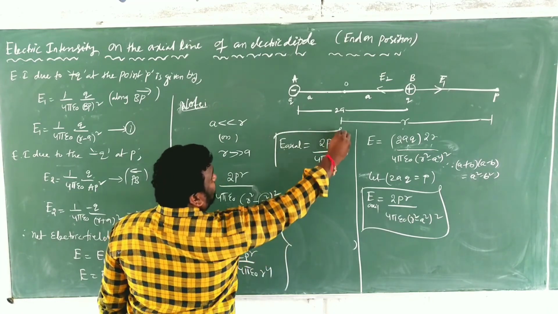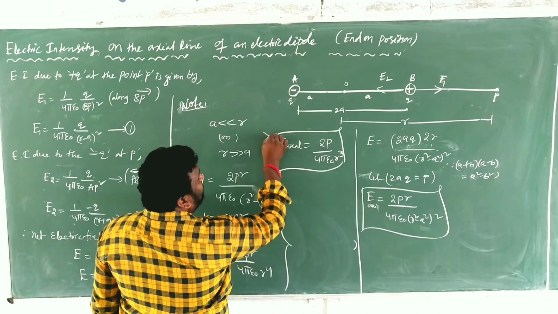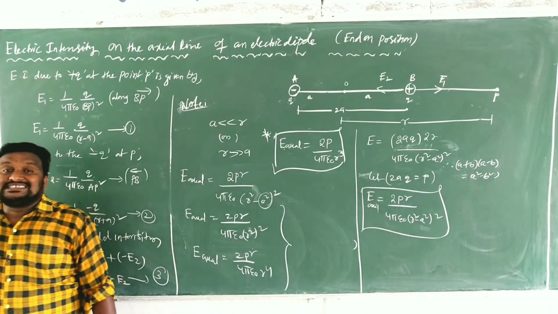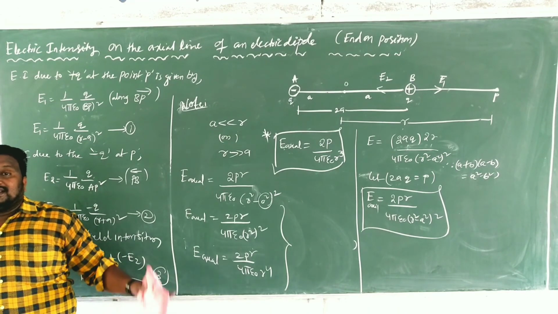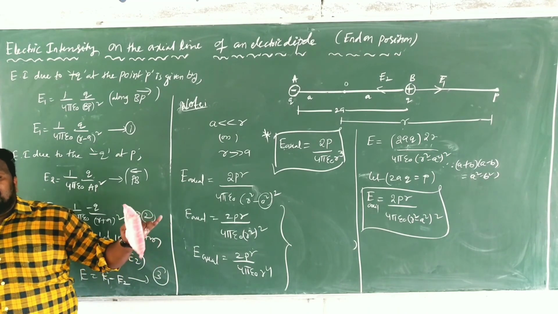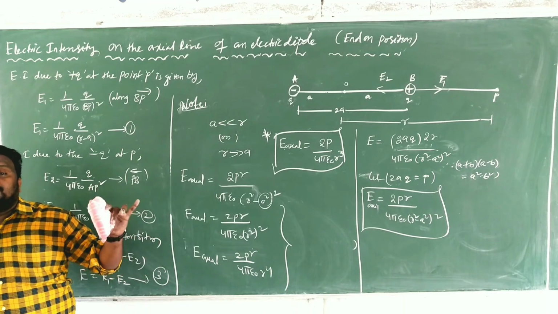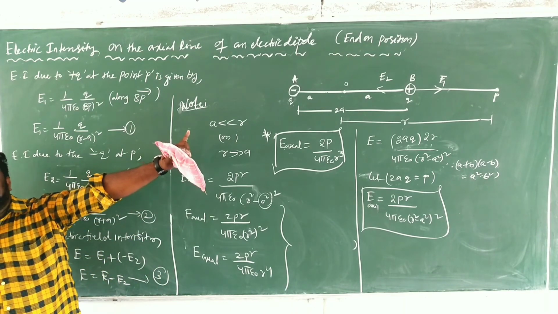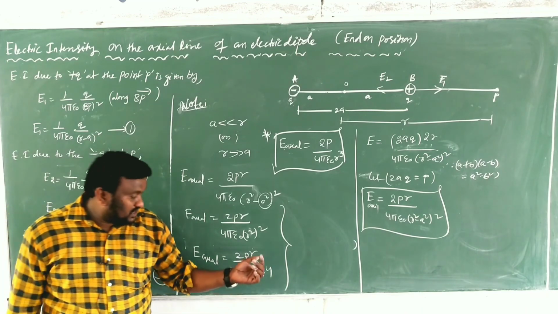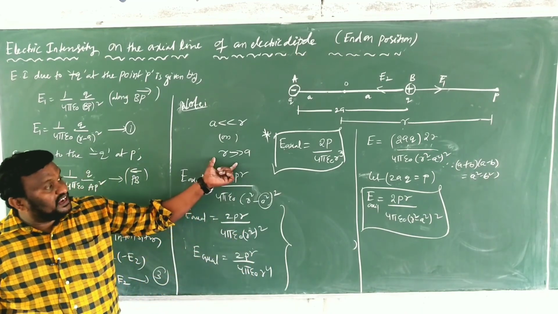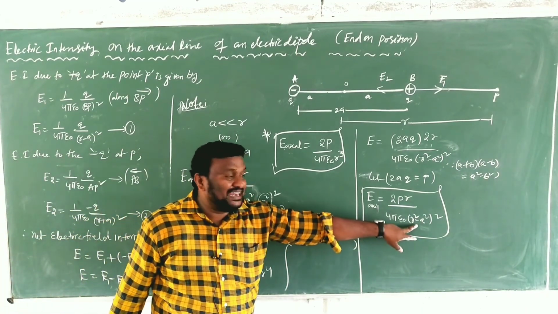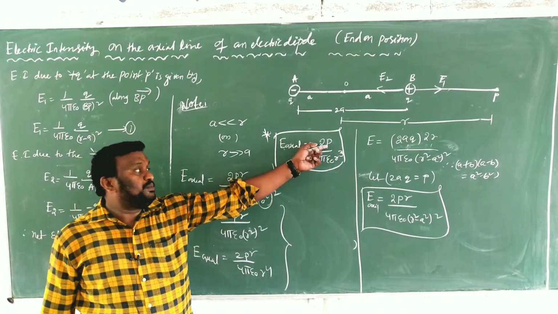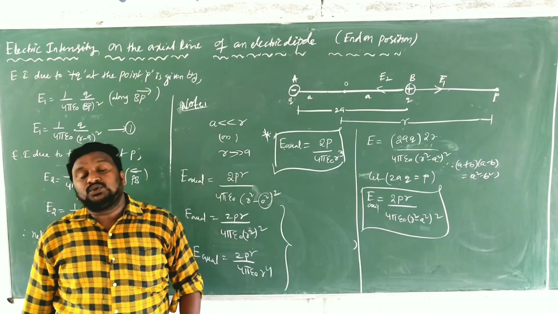This is the expression for the electric field intensity at a point on the axial line, where half of the dipole length must be very negligible compared to the distance of the point P we selected. So when r is much greater than a, we automatically neglect a in this equation. Now the formula we get is E axial is equal to 2p by 4 pi epsilon naught r cube.